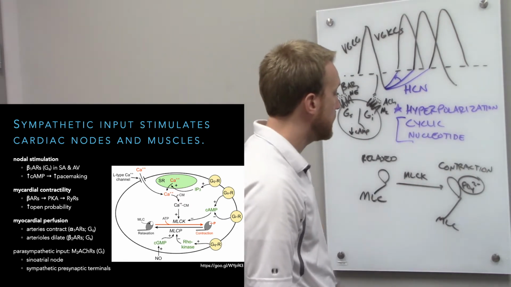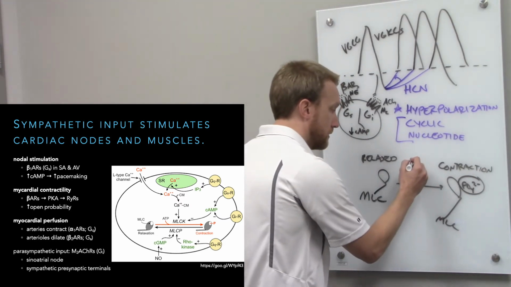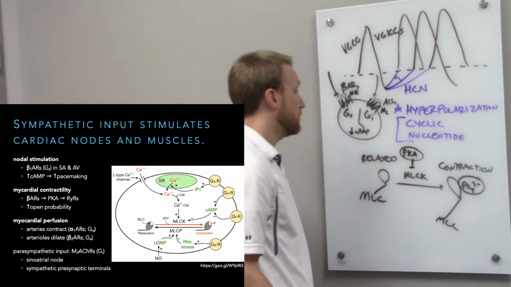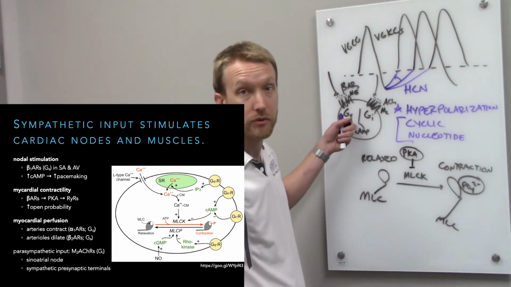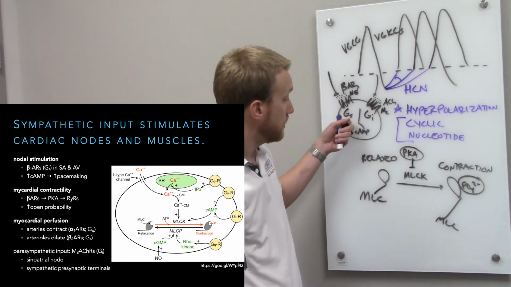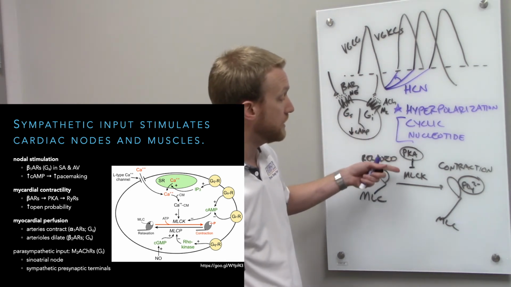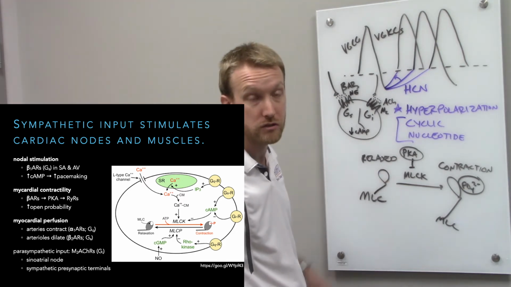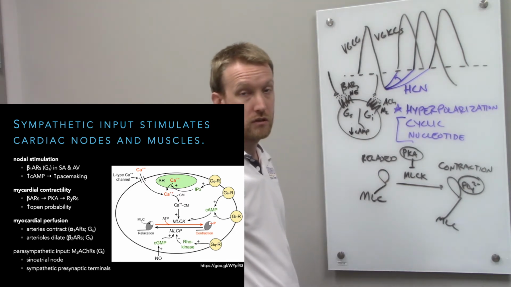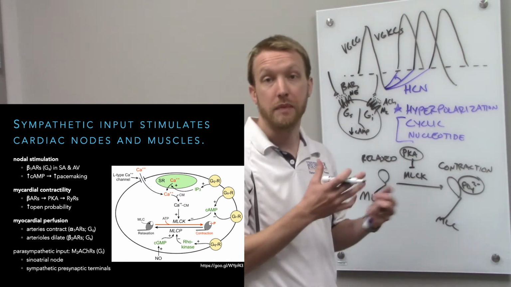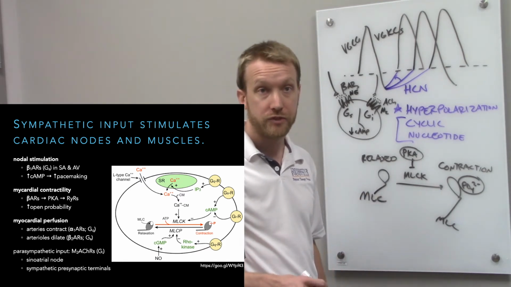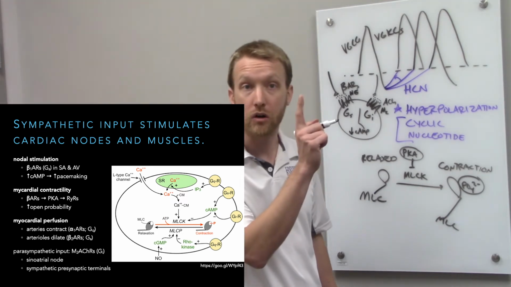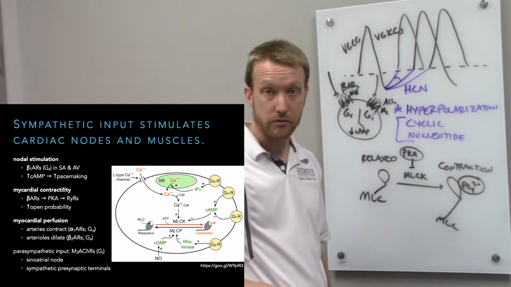Myosin light chain kinase is inhibited by protein kinase A. So Gs-coupled receptors, which stimulate protein kinase A, inhibit myosin light chain kinase, so we get relaxation of smooth muscle. Now, not every blood vessel has beta adrenergic receptors. Some have alpha-1, which are Gq-coupled receptors.